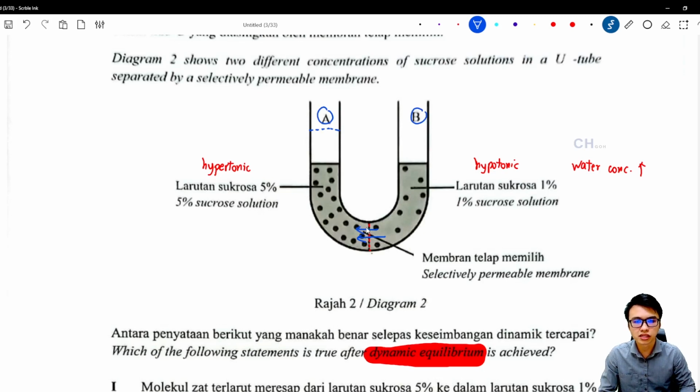So in the end, the solution in A will rise in level, and the diffusion rate from both sides is the same. So this is what we call the dynamic equilibrium.